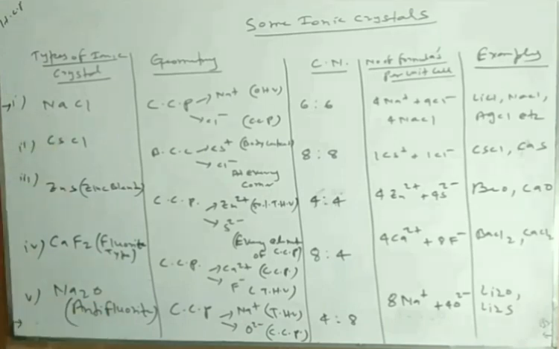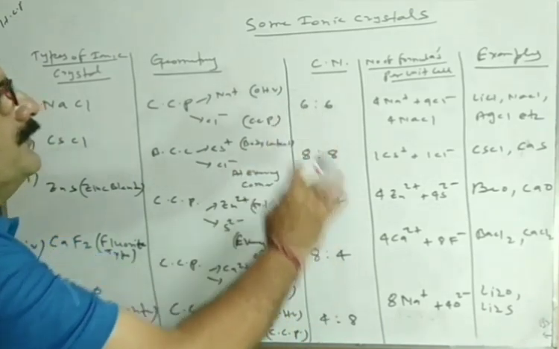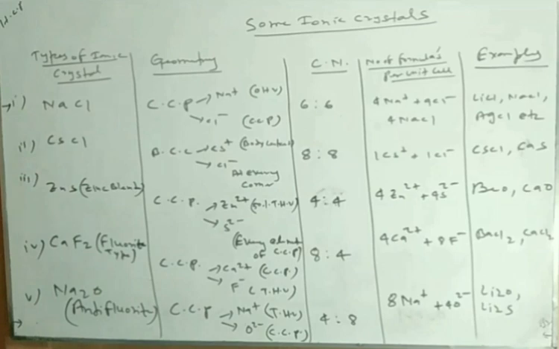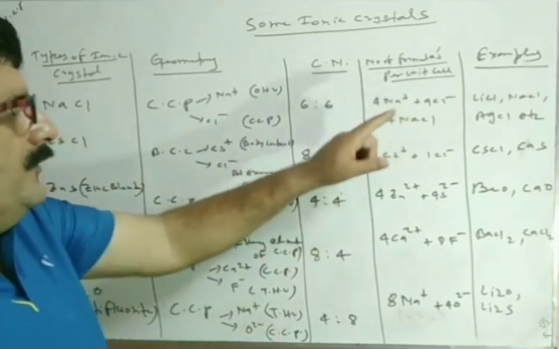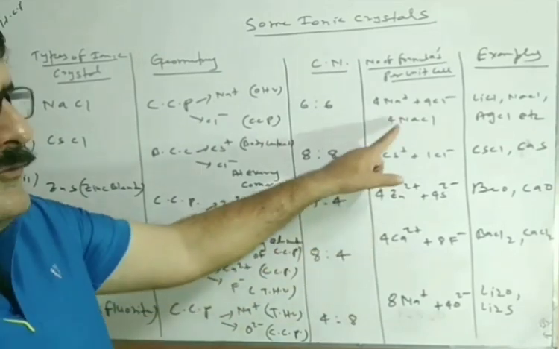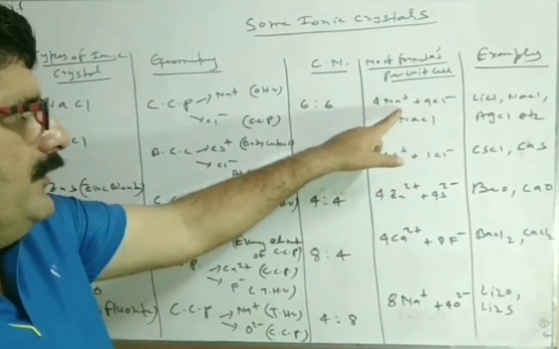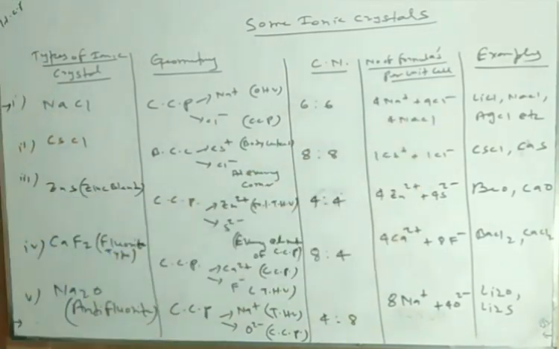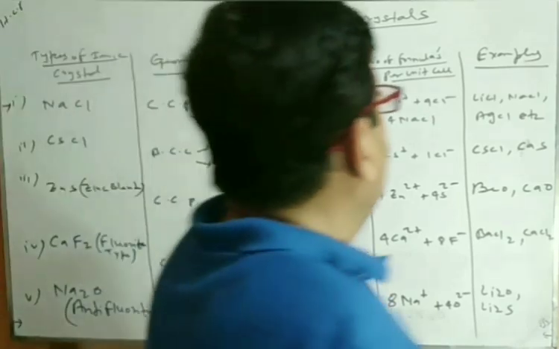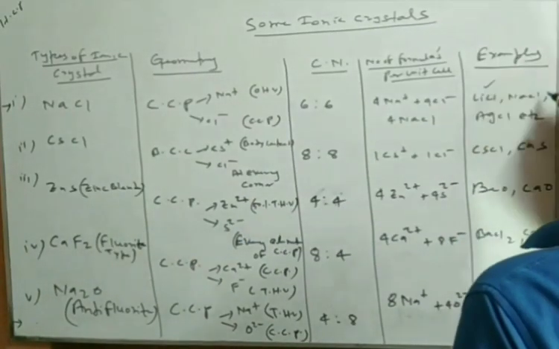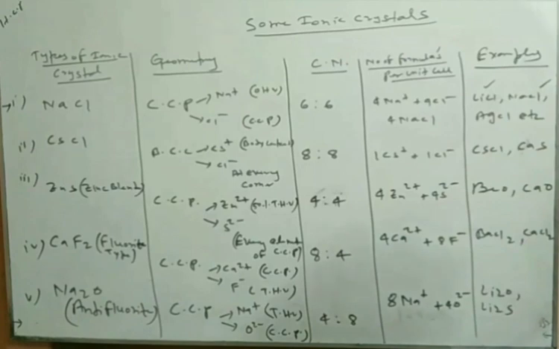Coordination number of both ions becomes 6, 6. Number of formula units per unit cell, 4 moles to be considered: 4 sodium ions and 4 Cl minus ions. So the examples become lithium chloride and sodium chloride.